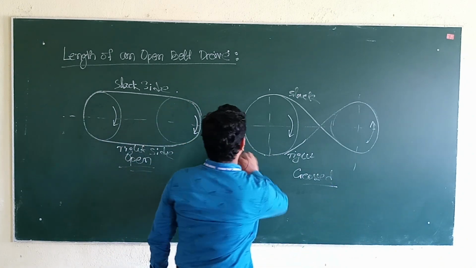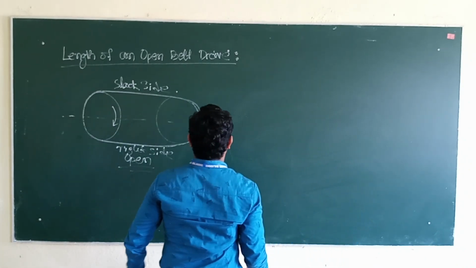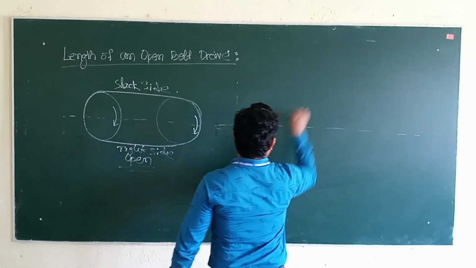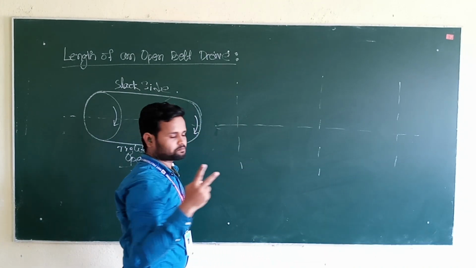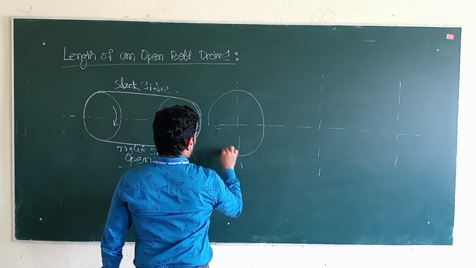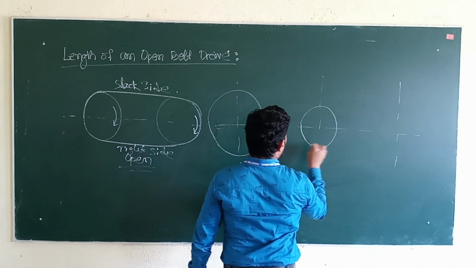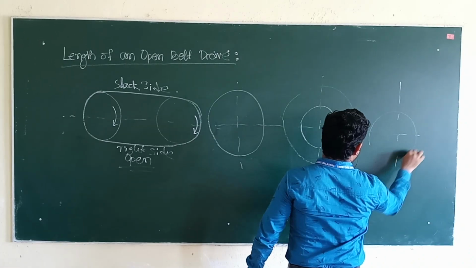Then the third one is your compound belt drive. What happens in case of compound belt drive? In open and cross belt drive there are only two pulleys, driver and driven. If the power is transmitted from the driver pulley to the driven pulley through several pulleys, then you can say it is a compound belt drive.